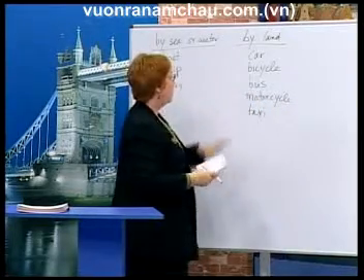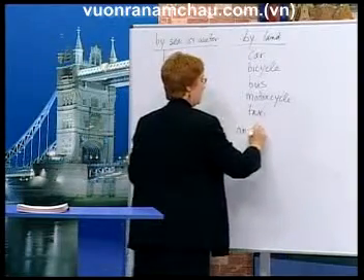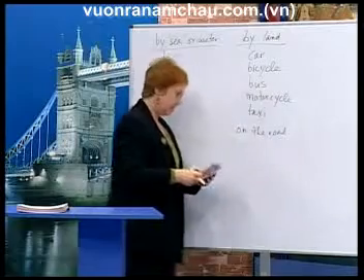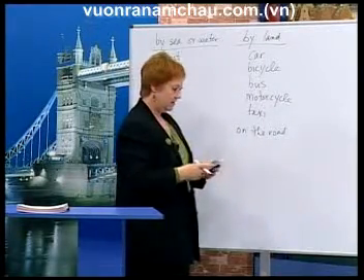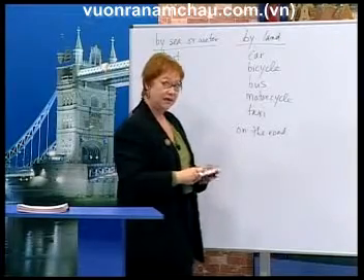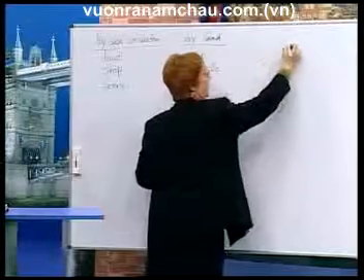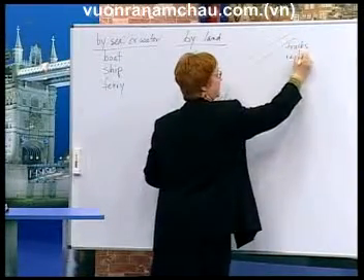Okay, now all of these go on the road. Okay, that's the place, the road. Okay, now there are two more ways to travel by land. They are special. They go on tracks or rails. These are tracks or rails.